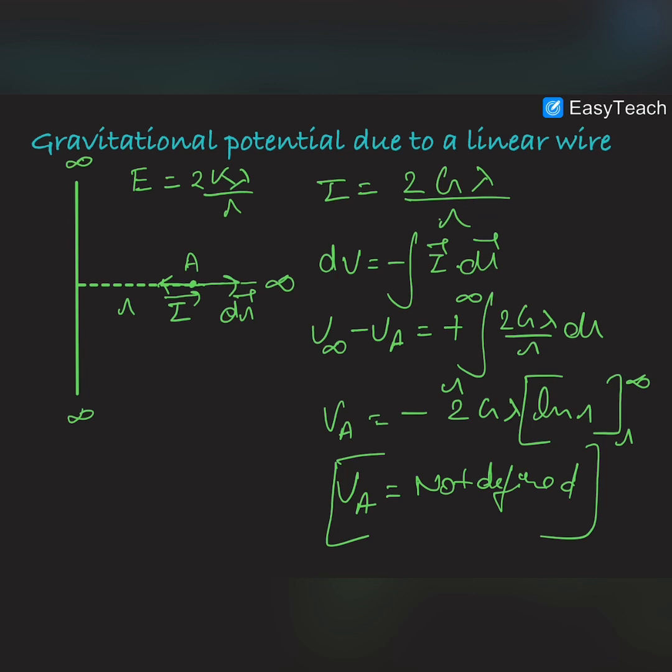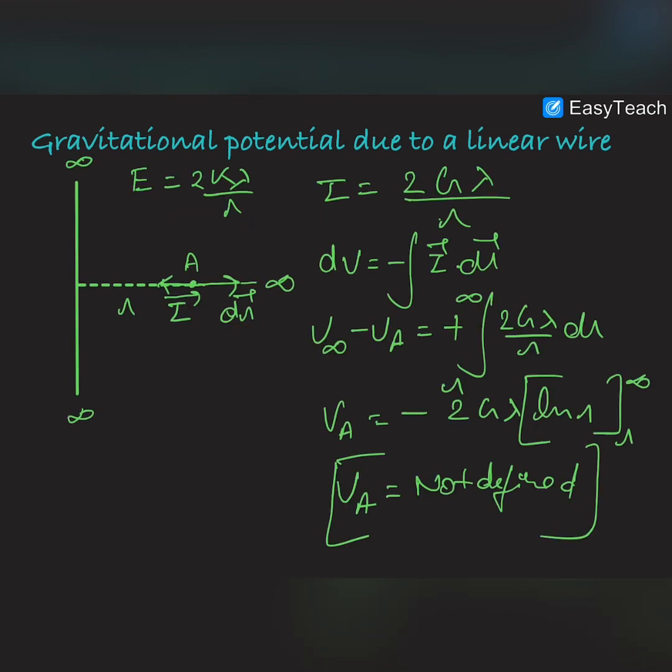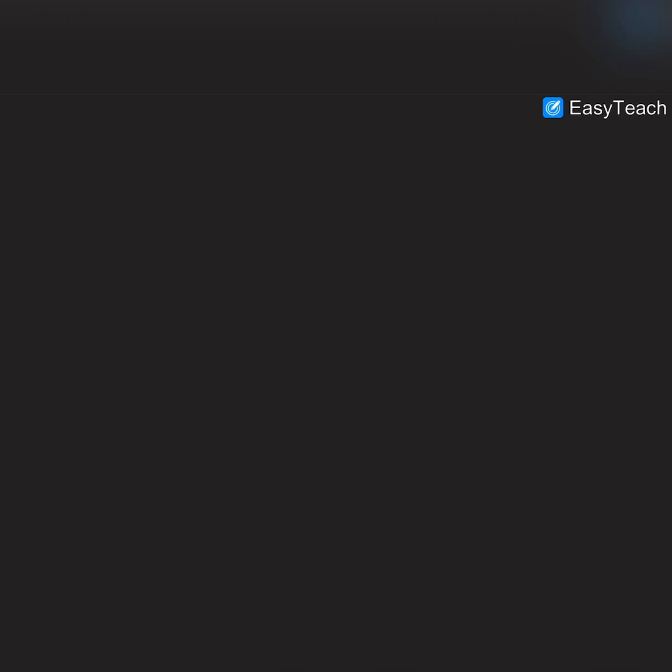The gravitational potential difference is defined, though. If we have to find the potential difference, let us say there is a linear wire of infinite length, and there are two points, A and B. This distance is RA and this distance is RB.